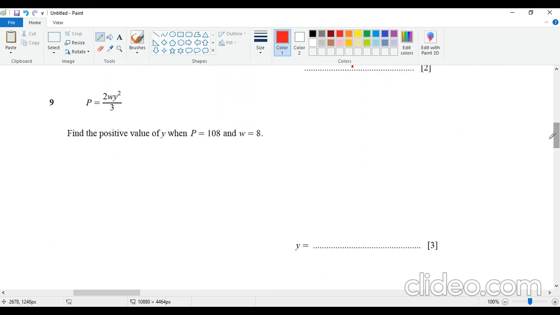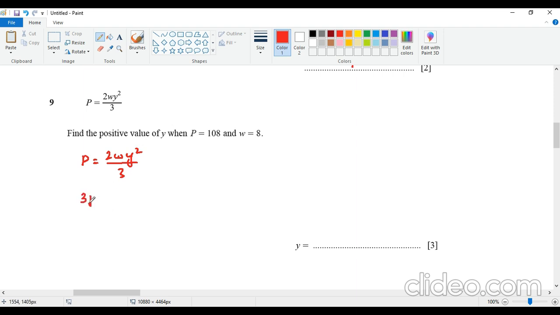When it comes to question number 9, find the positive value of y when p equals 108 and w equals 8. So first we simplify. P equals 2w y square over 3. Since y square equals x, y equals root, so you may get negative and positive value, but they're asking you a positive value.